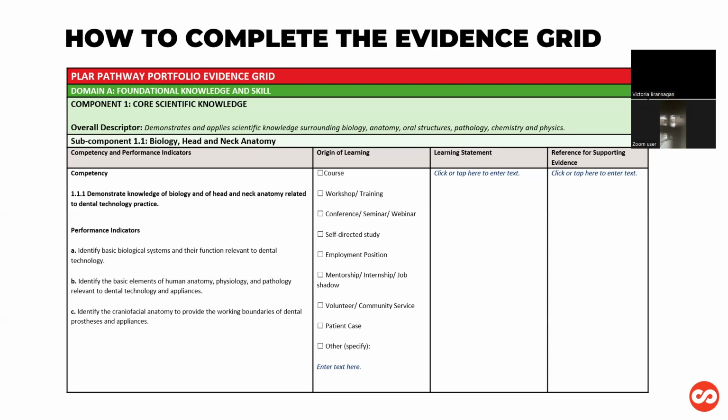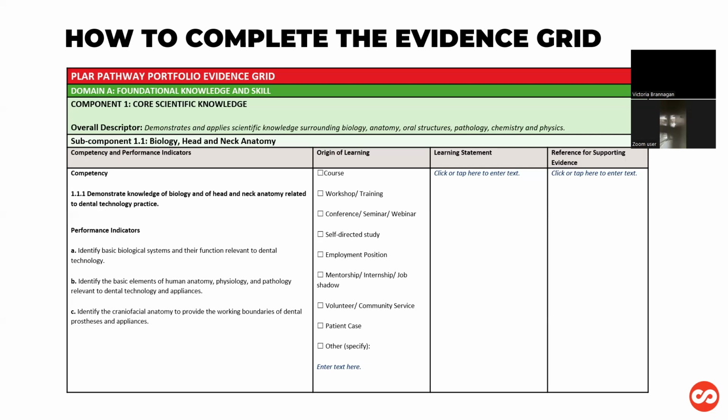And as you review the competency and its performance indicators, start reflecting on your own learning and experiences. Think about what you learned, where you learned it, when and how you learned it, and to what extent you gained that knowledge and skill. Think about how you used it or you still use it. And remember, you have to indicate this information in your evidence grid.